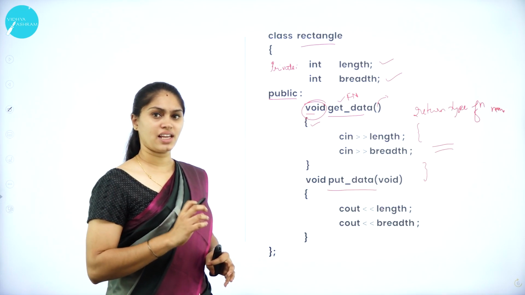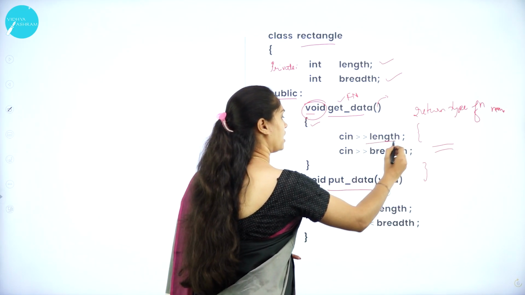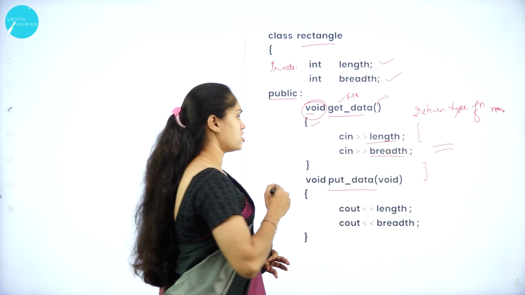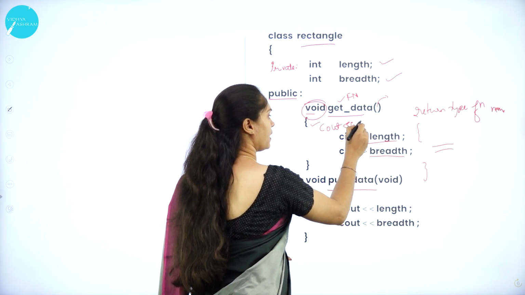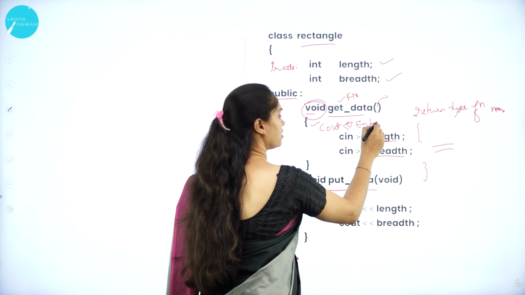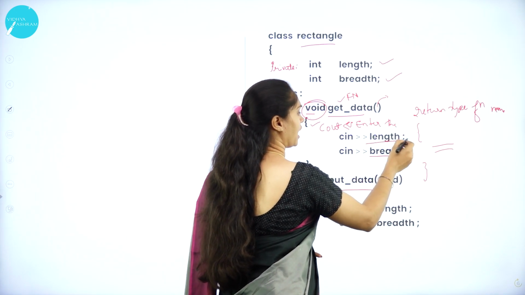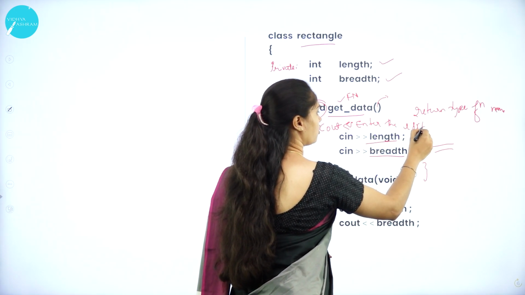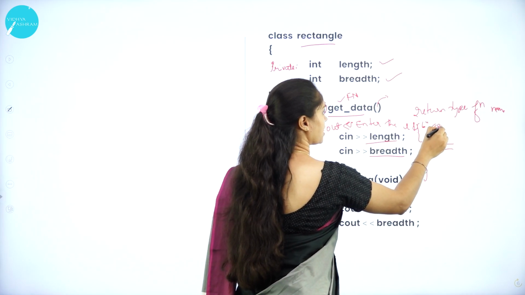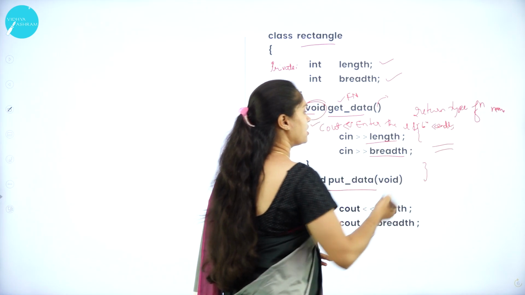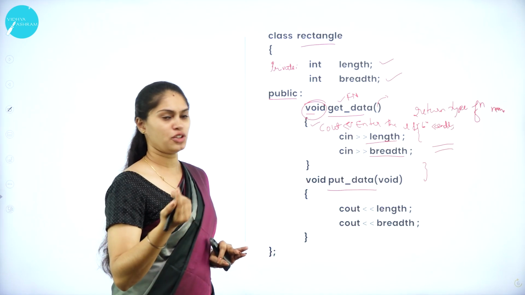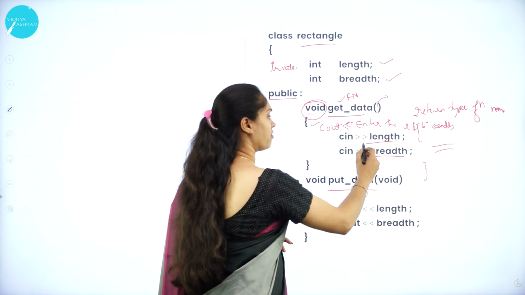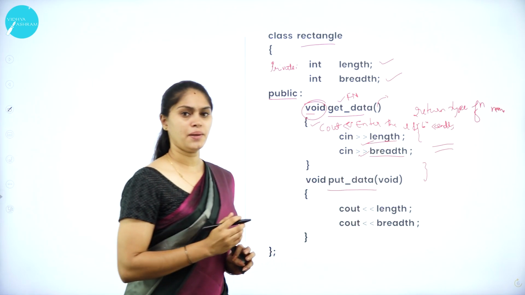Here I am taking the input for length and breadth. You can also add one more line, cout, enter the value of L and B. That means we need to give the value for length and breadth. At that time the cursor will blink, and we need to give the value for length as well as breadth.